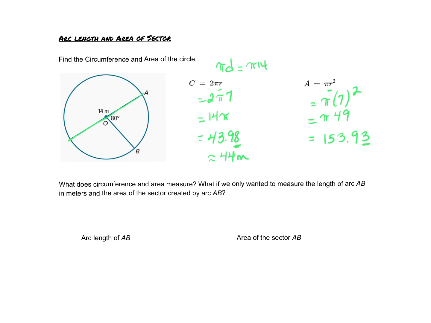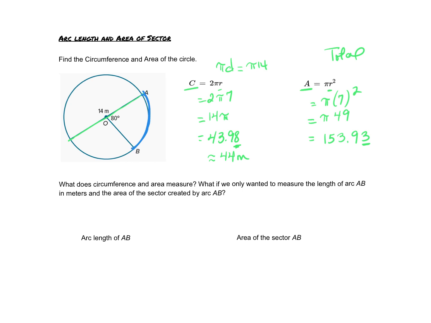This is the total area and the total circumference for the whole circle. Now, how does that compare with arc AB?